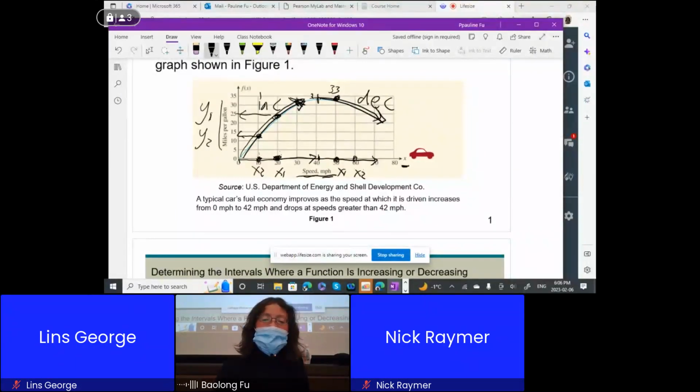And when x equals 60, what is y? Roughly maybe 30. So this is y1, this is y2. When x2 is greater than x1, you have y2 smaller than y1. This is the typical situation when a function is decreasing.